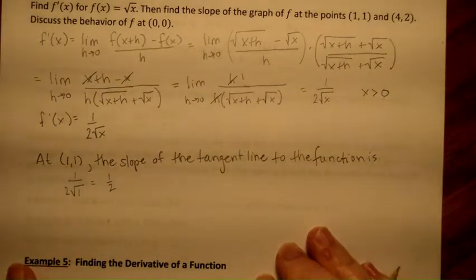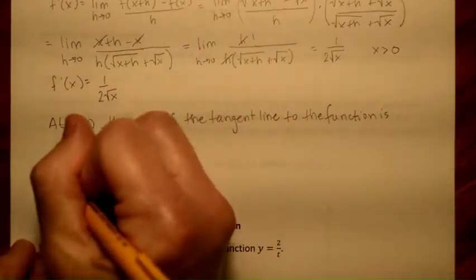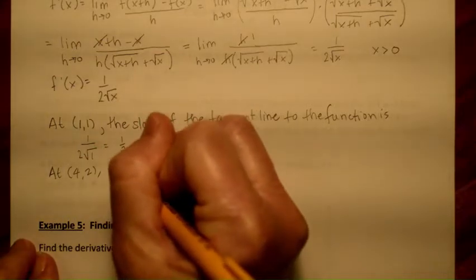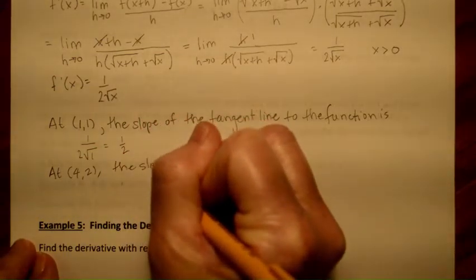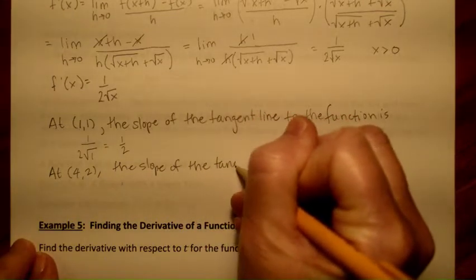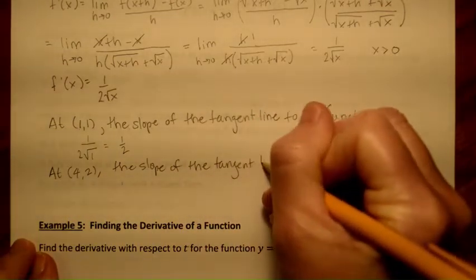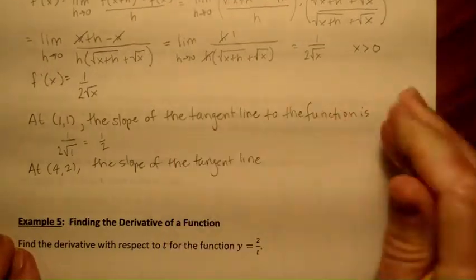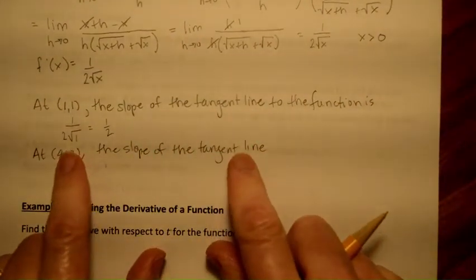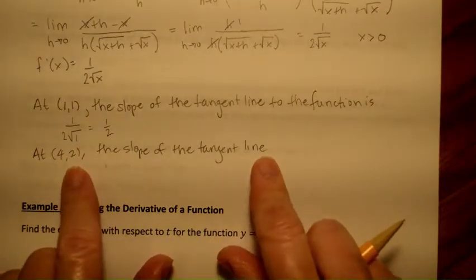And then we do the same thing for the point (4, 2). So at (4, 2), the slope of the tangent line of the function, and so on. Eventually, we're just going to start saying the slope, even though we mean the slope of the tangent line.